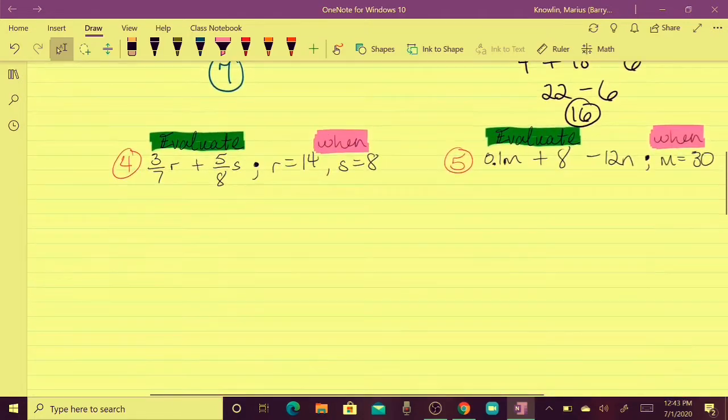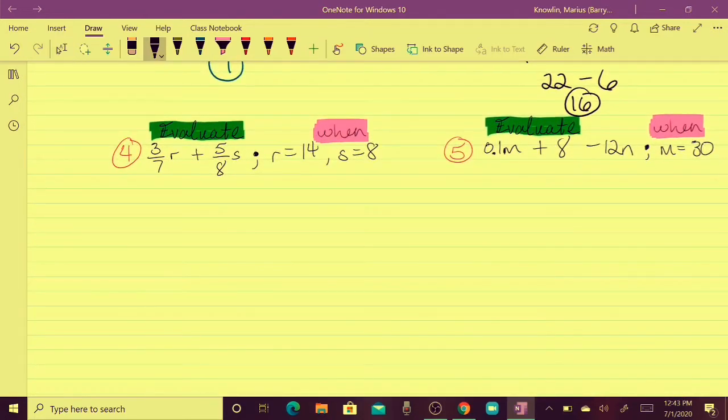Okay? Number 4. When you read it, it says evaluate 3/7 times R plus 5/8 times S when R is 14 and S is 8. So let's go ahead and rewrite it. 3/7 times R, which is 14, plus 5/8 times 8.